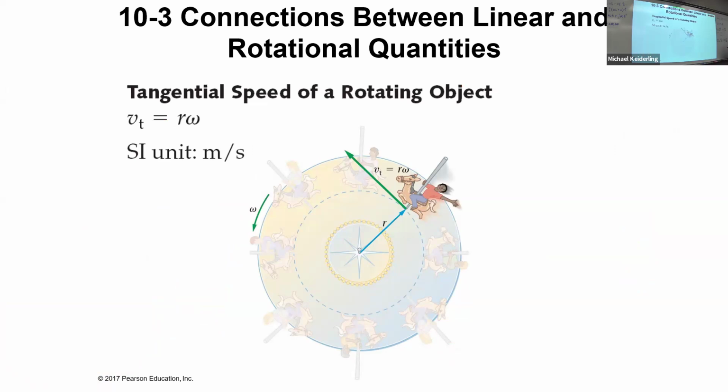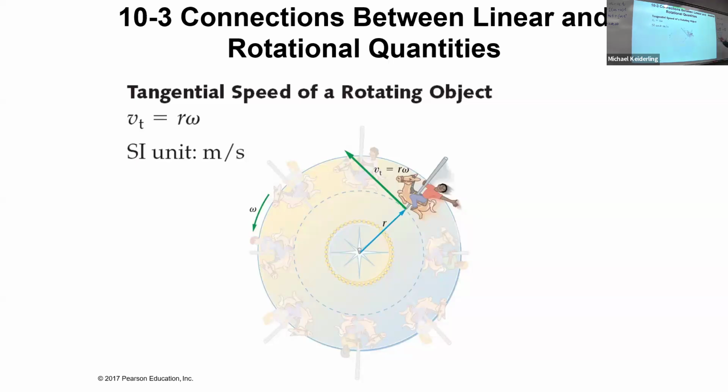And I'm going to quickly go over these relationships, but I'm not going to do any problems. One of the nice things about the relationships between linear and rotational quantities is that if you're using radians, they tie together really nicely.